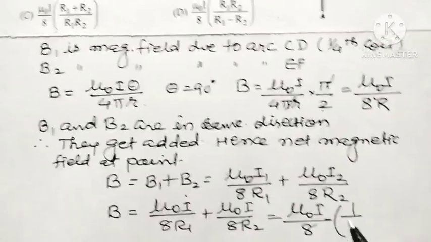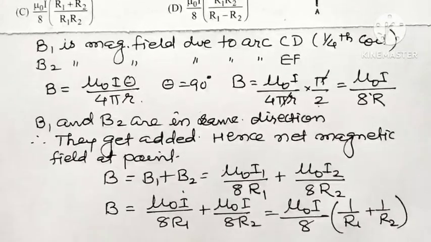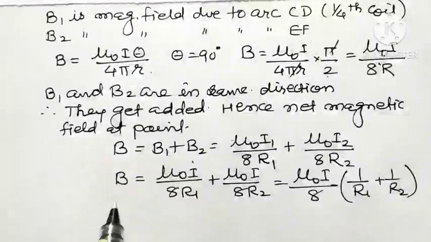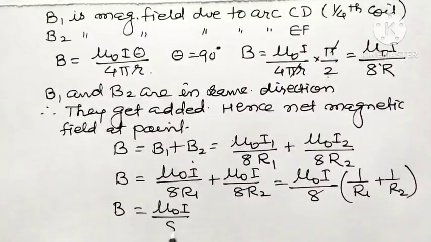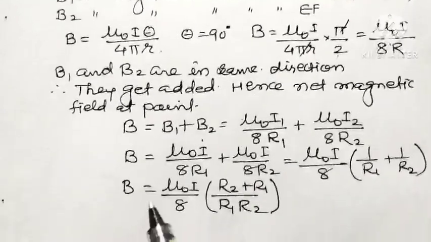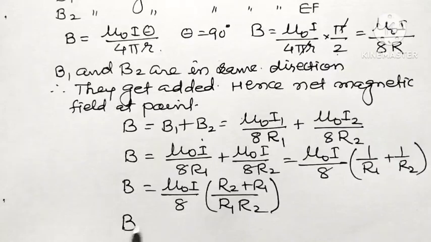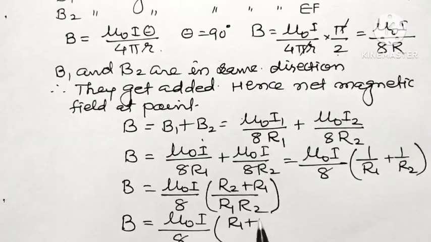So in bracket we have 1 upon R1 plus 1 upon R2, or B is equal to mu 0 I divided by 8. Now R1 into R2 is the LCM, so in the numerator we have R2 plus R1. So what is the final magnetic field at point O? B is equal to mu 0 I divided by 8 in bracket R1 plus R2 divided by R1 into R2.